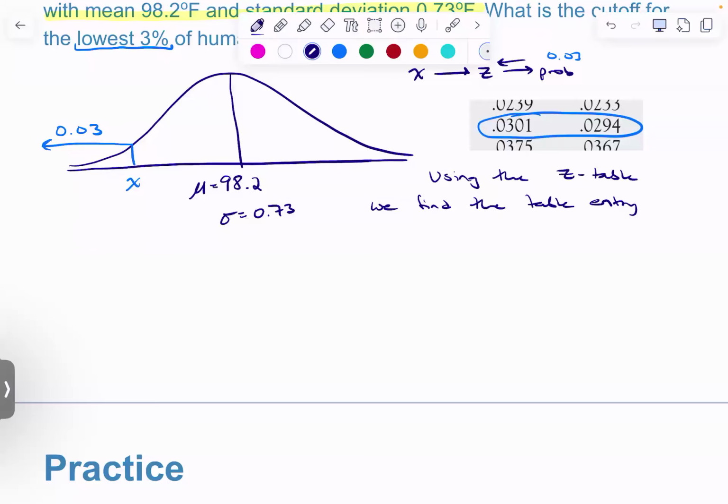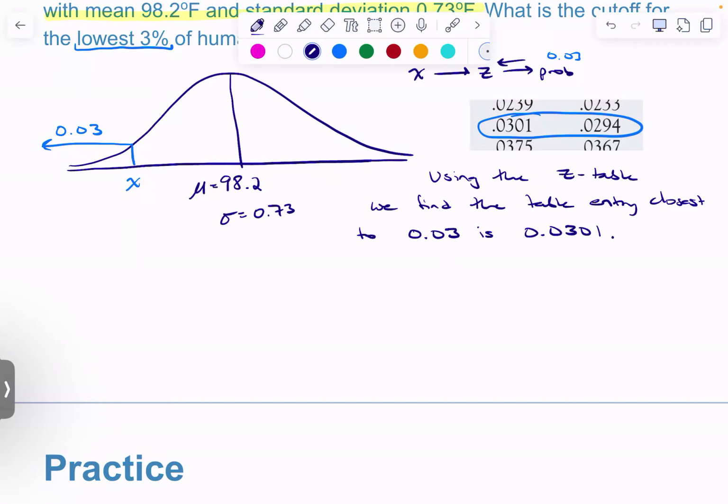The table entry closest to 0.03 is 0.0301. Now, the reason that's important for you to tell me is just in case you pick the wrong one.